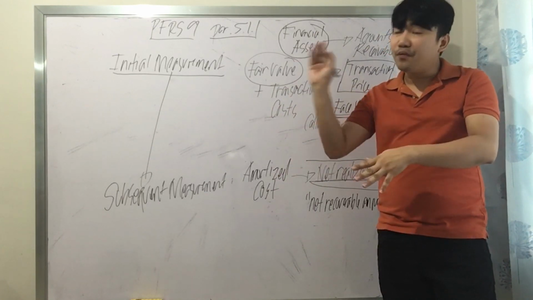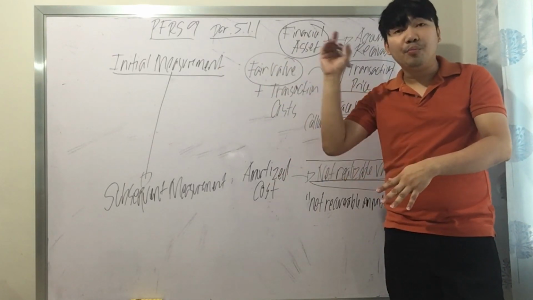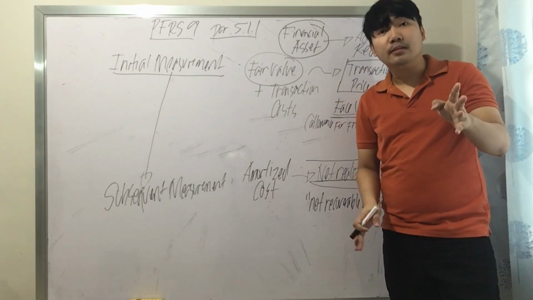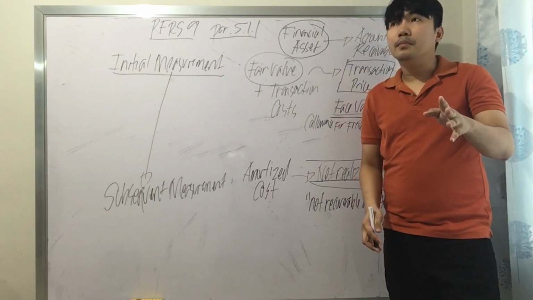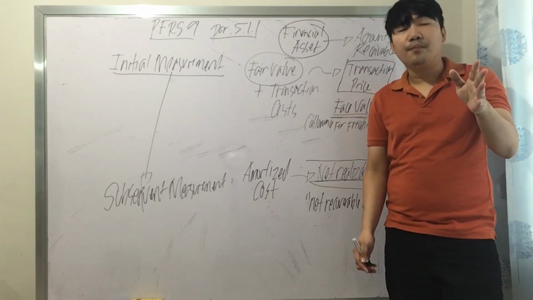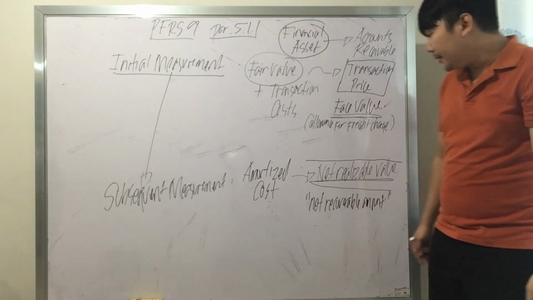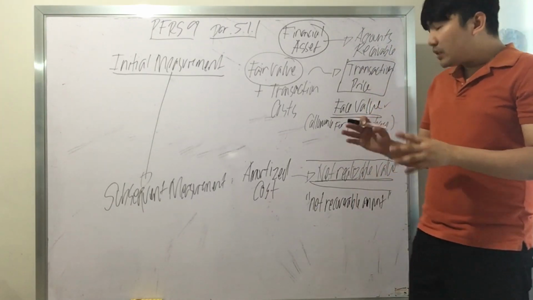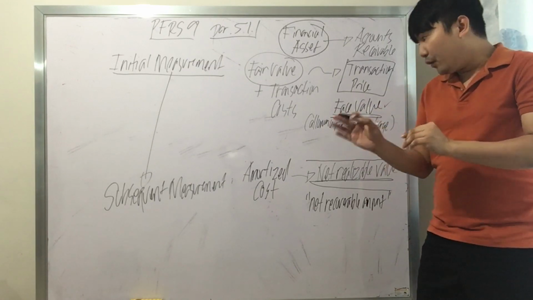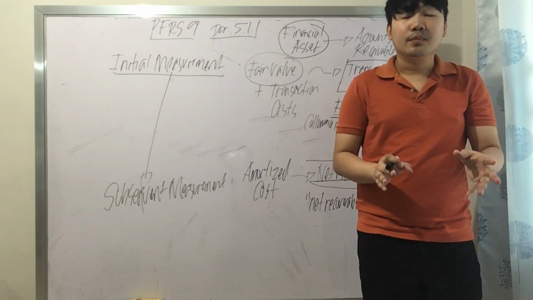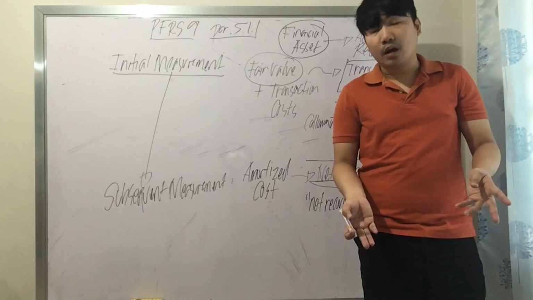Yung mga different terms like FOB shipping point, destination, freight prepaid, freight collect. Okay. Ngayon, class, tandaan. Ayoko kasing i-advance muna kayo dun sa konsepto na yun kasi that will be discussed further in inventory. But just take note, okay?